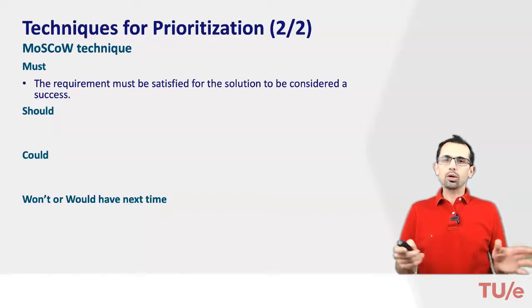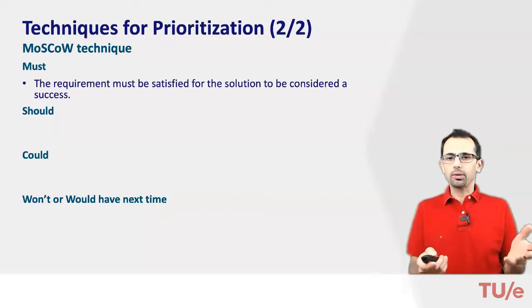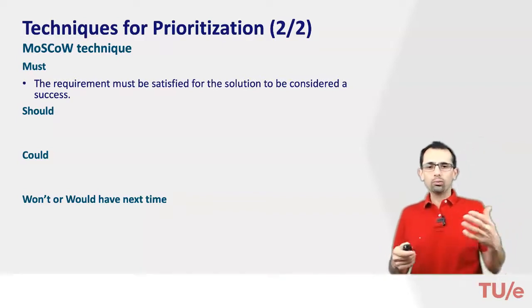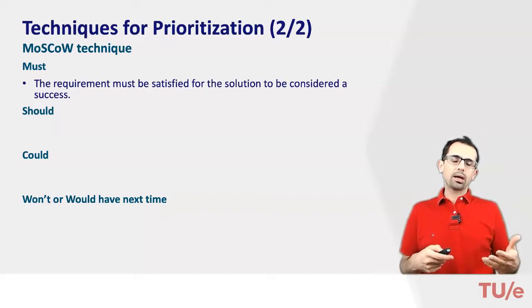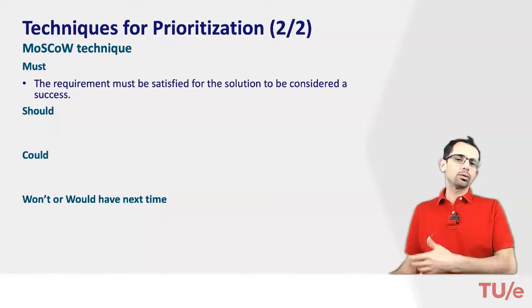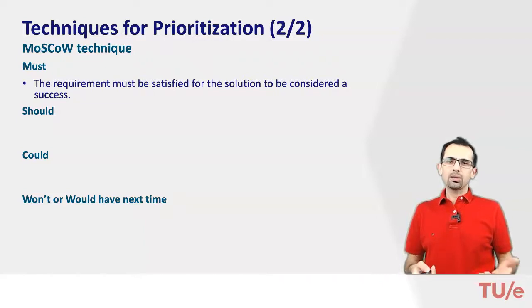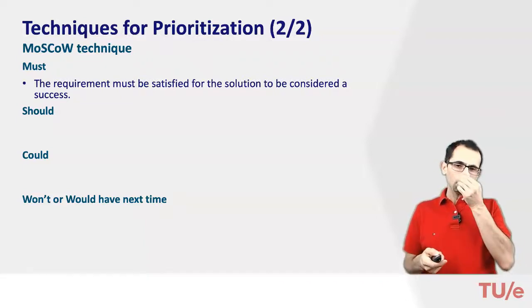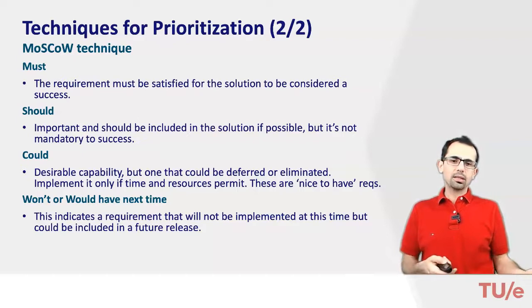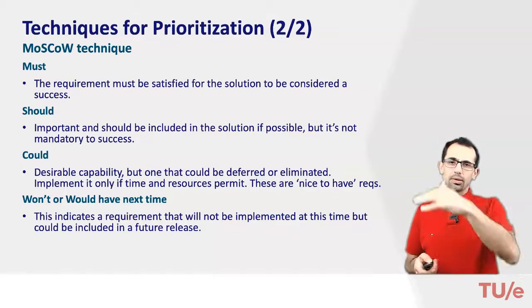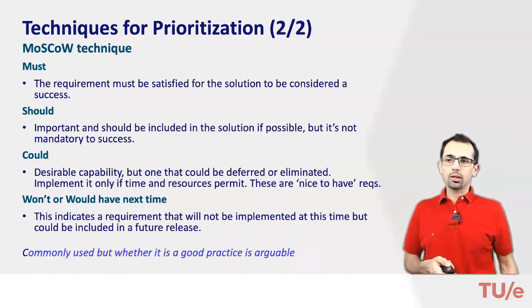We also call them nice-to-have requirements. And want or would have next time requirements indicate requirements that will not be implemented at this time but could be included in a future release. Again, as I just said, it's a better idea to apply some sort of analytical technique rather than just this plain categorization.